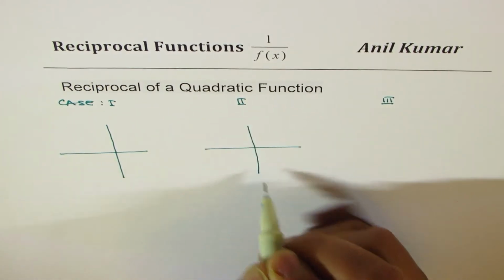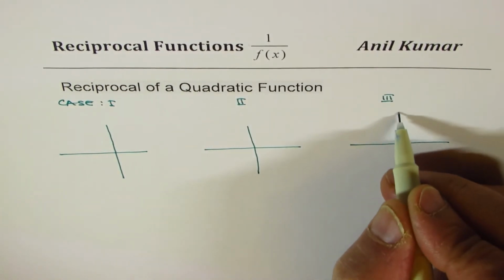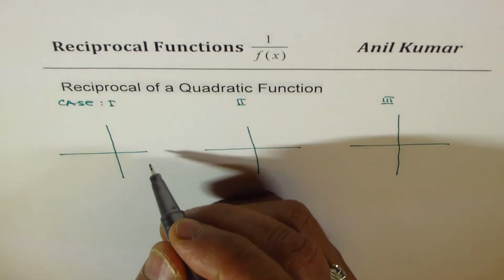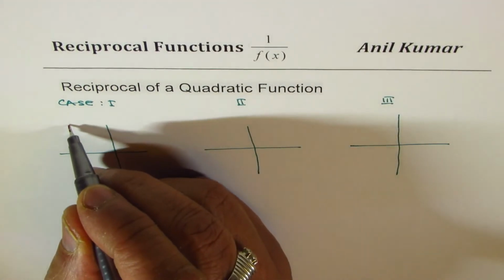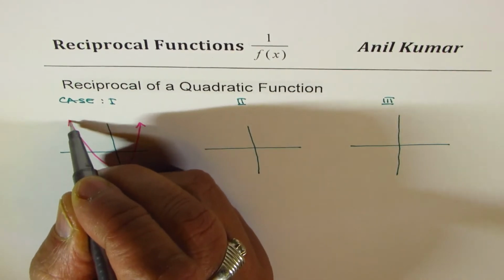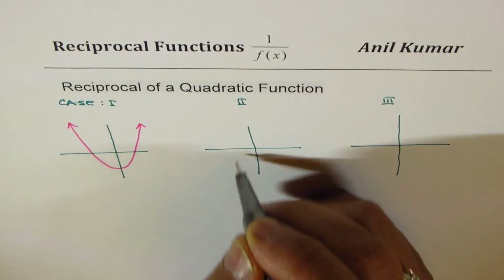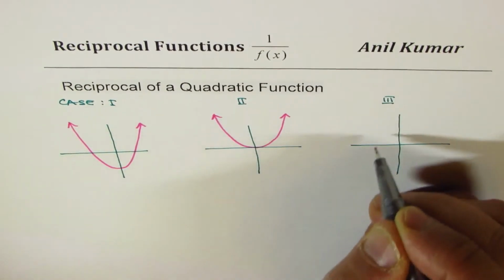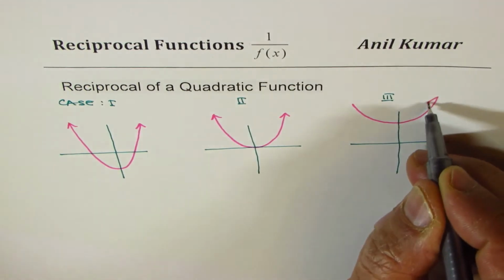I did it earlier also, in the very beginning. So a quadratic function could be like this, with two zeros. It could be kind of like this with 1 zero, or no zero at all, right?